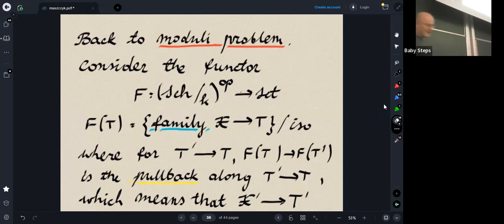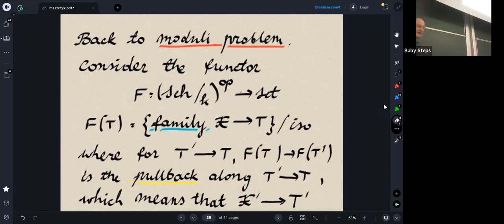Take the functor associated with every scheme T, the family over T of some object you are going to classify, and classify up to isomorphism.